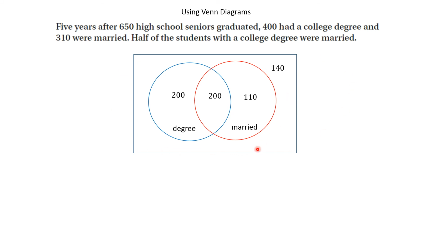All right, now that we have this set up, that's the hard part of the problem. We can actually get to the questions. Oh, and while we're looking at this, each of these different sections is mutually exclusive. You're either married with no college degree, married with a college degree, or not married, no college degree.